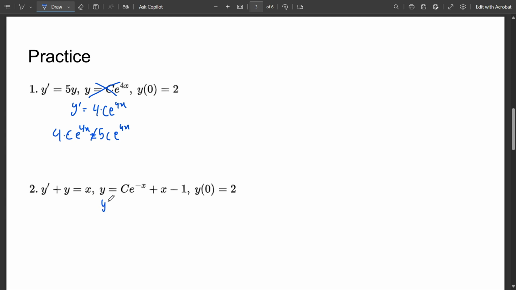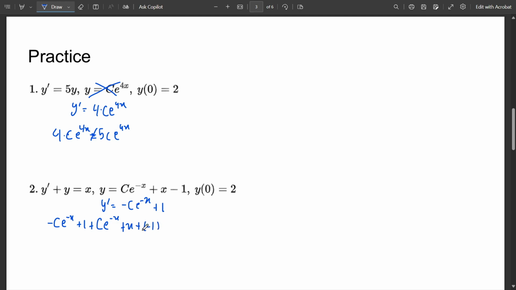So we just have y prime equals negative c e to the negative x plus 1. The derivative of a constant is just 0.